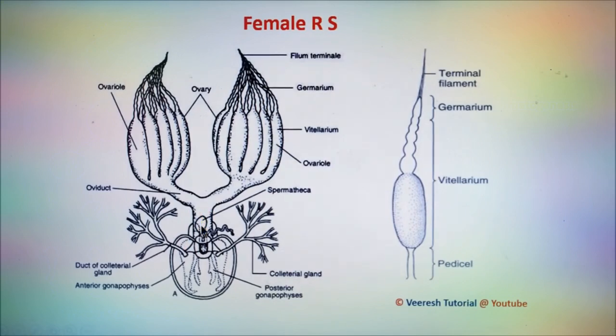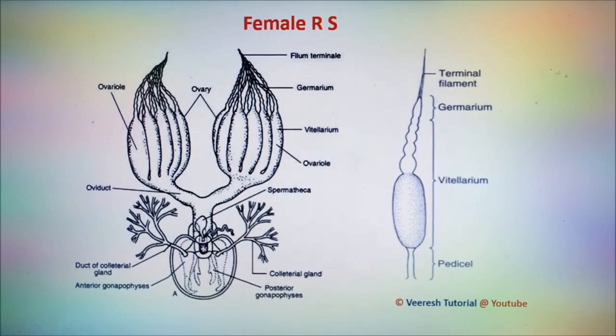Posteriorly, the median oviduct is modified into a sac-like structure called the genital chamber or vagina. Each genital chamber consists of a pouch-like structure called the bursa copulatrix.